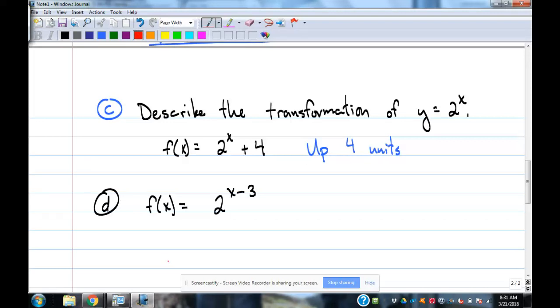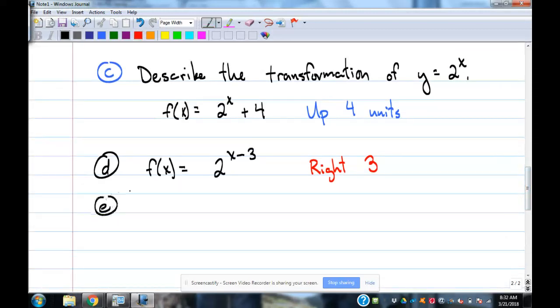What's that one going to do? Good job. Right through. Because it's happening to the x, and remember, anything that happens to the x, it's the opposite. So a minus 3 moves to the right 3. A plus 3 would move to the left 3. Okay.